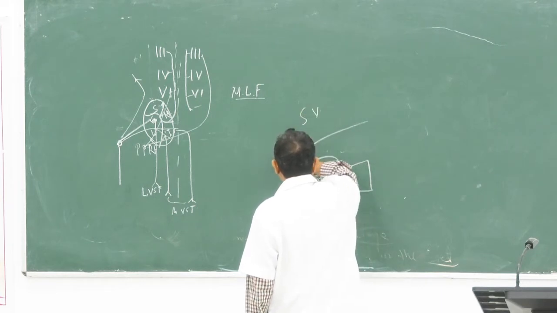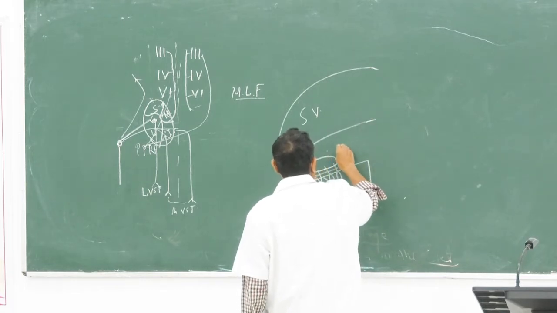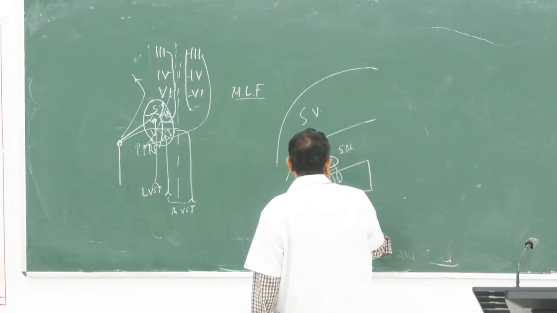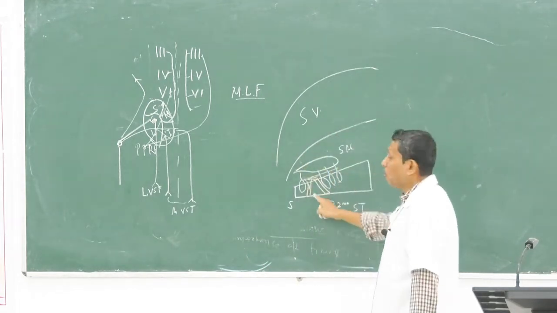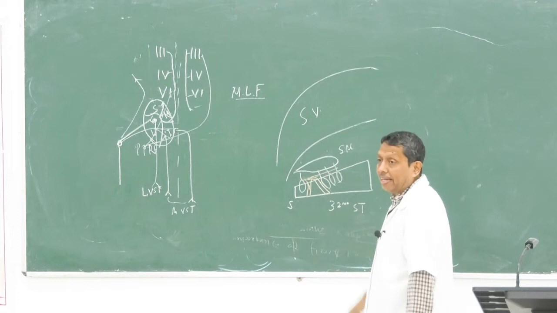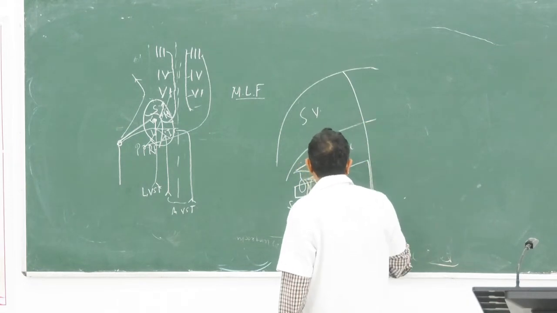The scala media is also called the cochlear duct in anatomy texts. And they are given in the figure in this way.